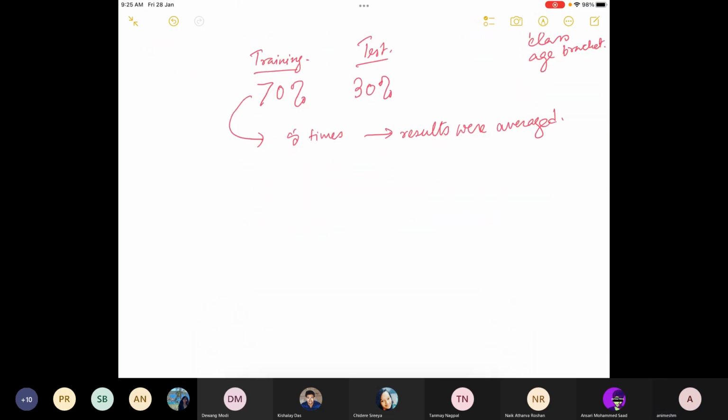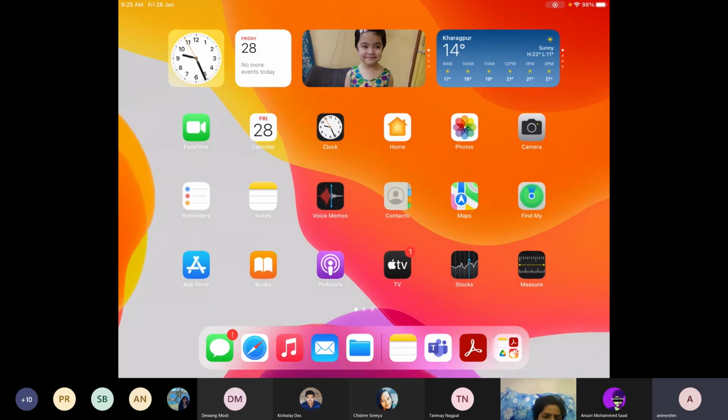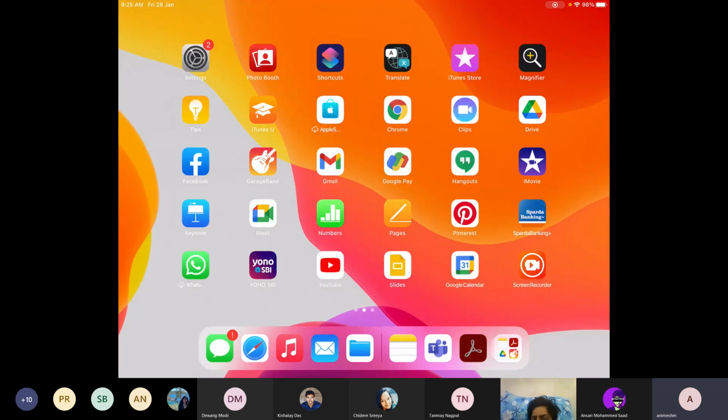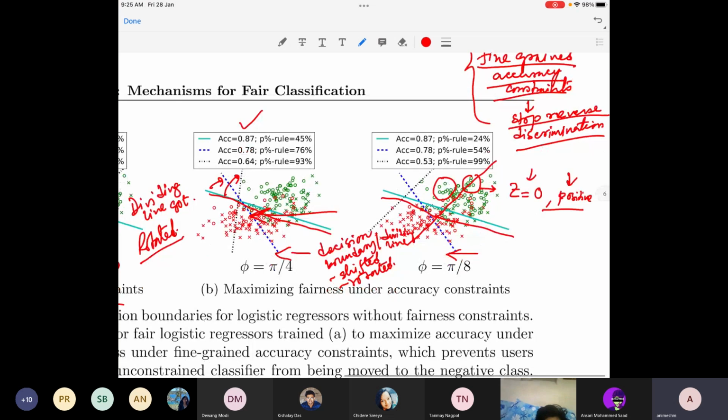Okay, so that is how they went on to set up their experiments. Now let us go and look into the results that they obtained.